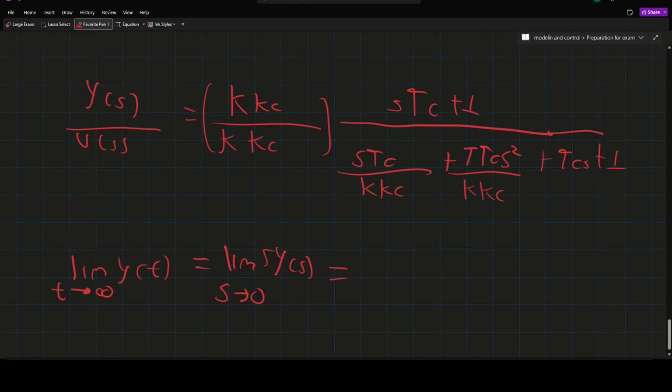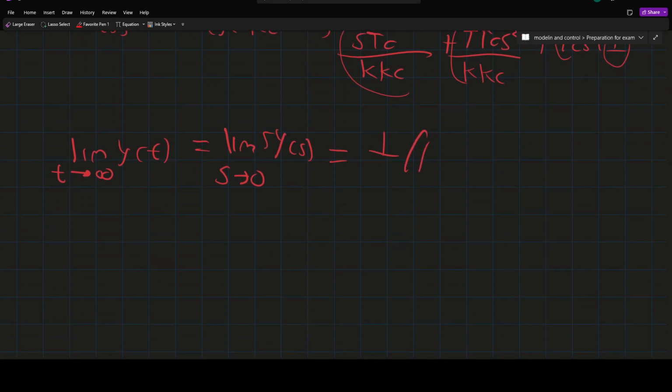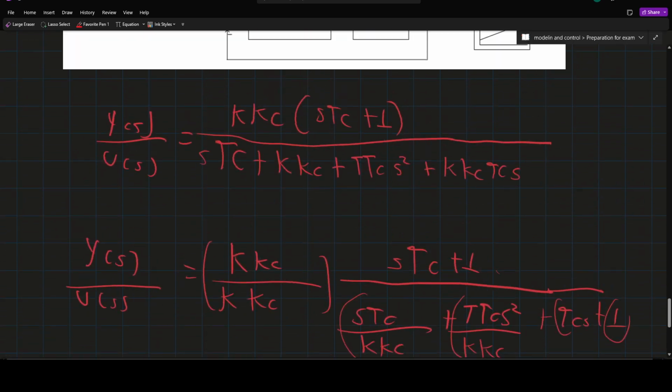Now as s approaches 0, we have 0 here, so we're just gonna get 1, and these go to 0, 0, 0, so it's 1 over 1, so it's just 1. So for our proportional integral controller, our final value is 1.